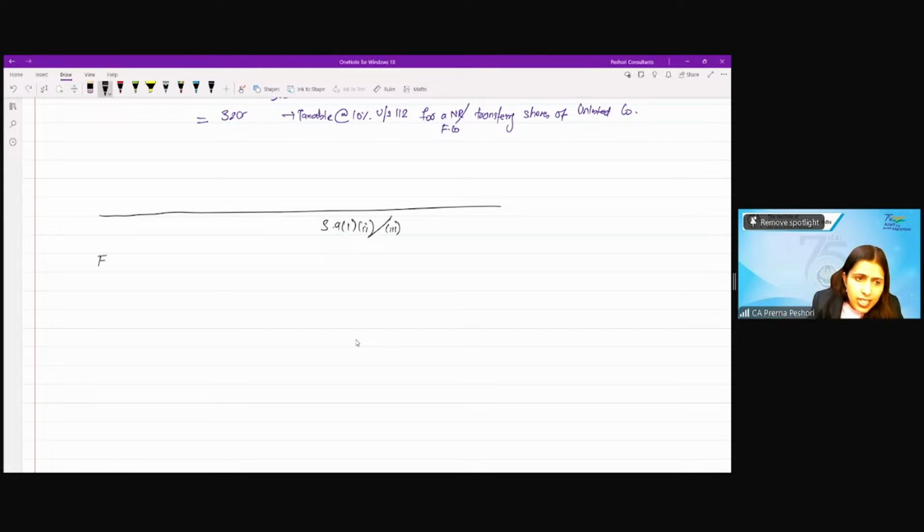So let's say there is a foreign company or an Indian company hiring a non-resident employee.